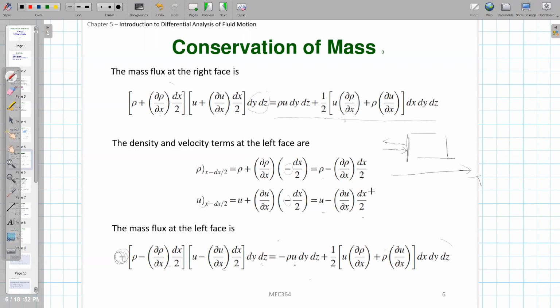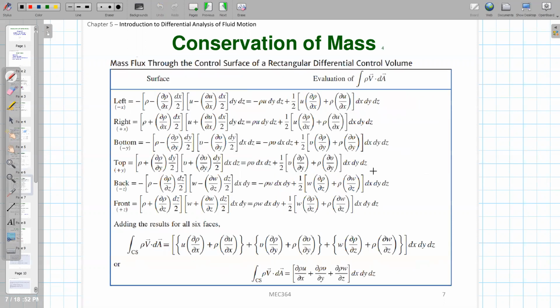So now we've handled two surfaces, and let's consider the other 4 surfaces. The bottom will be negative y, the top will be positive y, the back will be negative z, and the front is positive z. For the negative y, when you calculate it, it will be partial rho partial y times dy over 2. Because it's in the y direction and it's a negative y, you have this minus sign here.